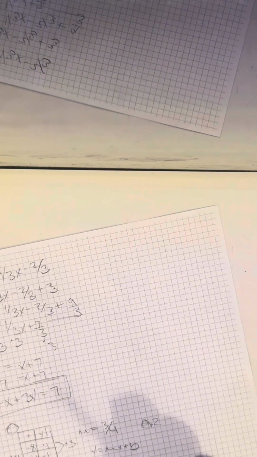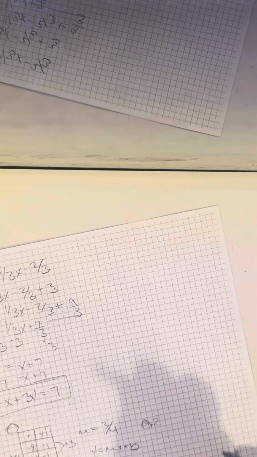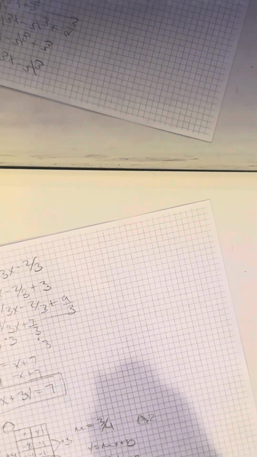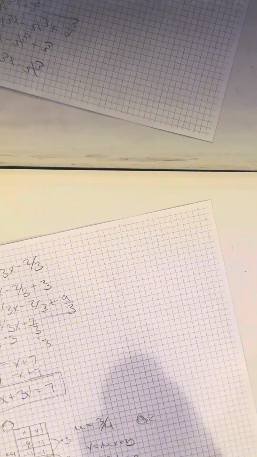Like we did earlier, we distribute out the 3 over 4. We won't need to do anything with the 0, since anything times 0 is 0. Now we just have to get rid of this, so we'll just add 2, because y equals 3 over 4 x plus 2, and that will be our final answer.